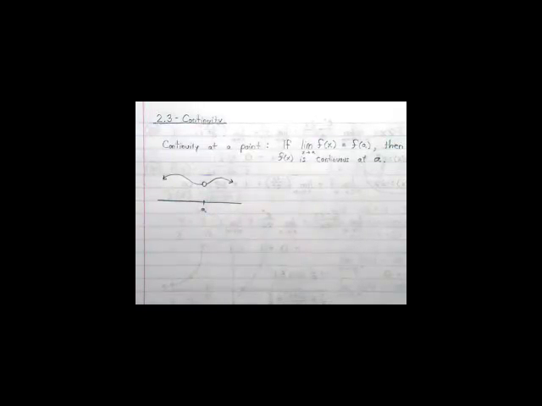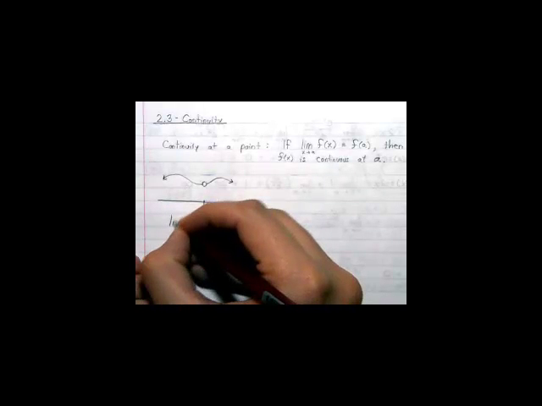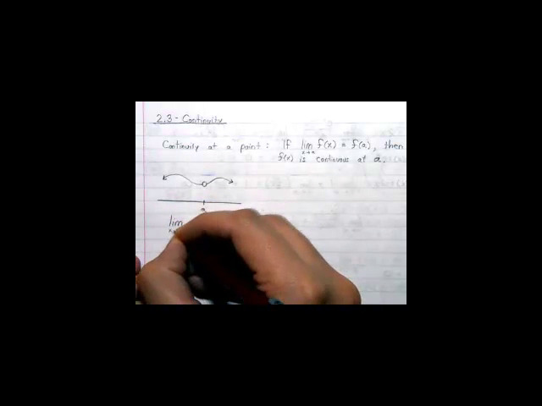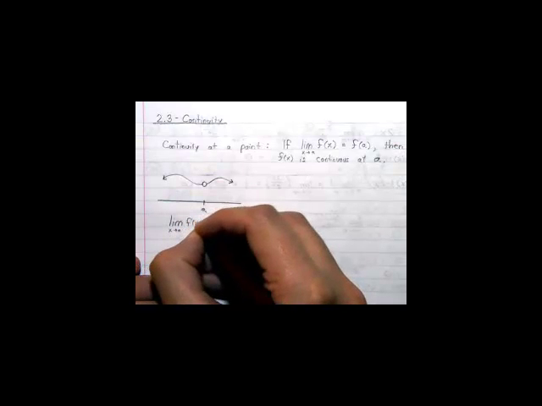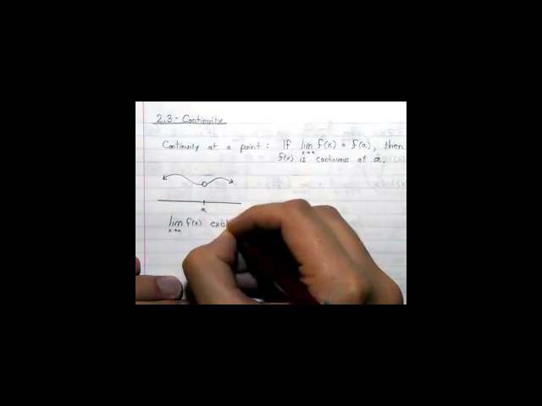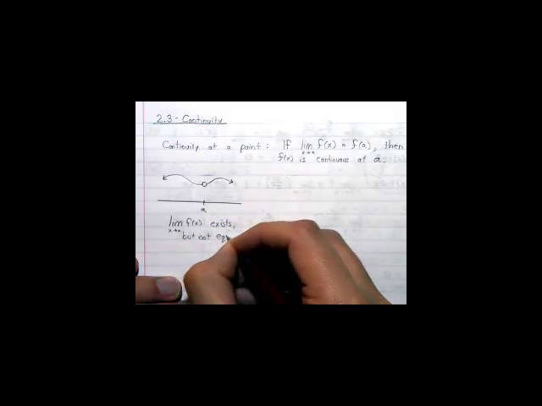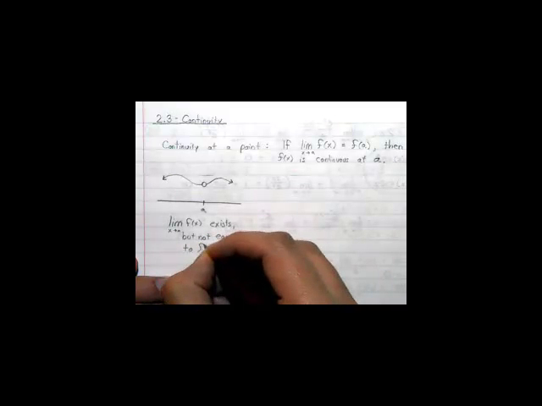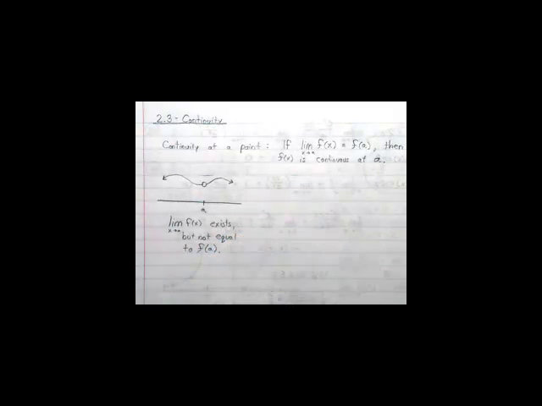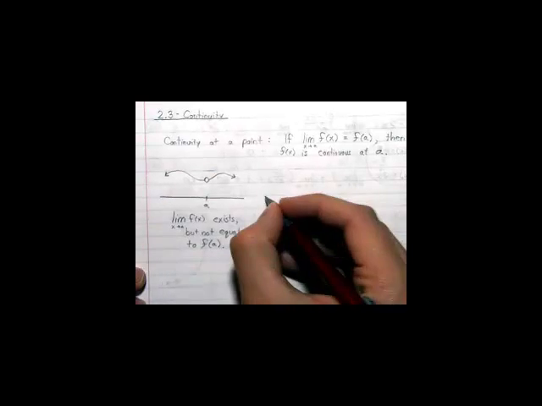For that one, the limit as x approaches a of f of x exists, but it's not equal to f of a. Because the function's not defined there at a. So if I wanted to evaluate that function at a, I wouldn't get anything for it. So it's not continuous at that point. However, if that were filled in, then I would be continuous there.